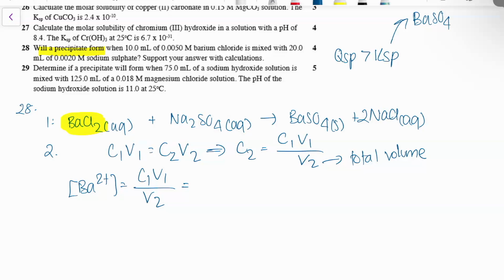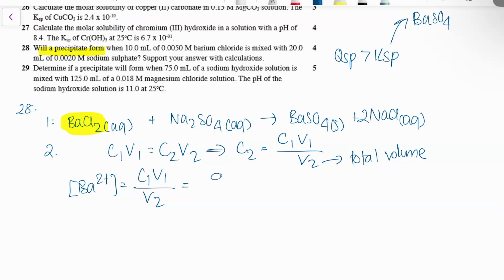One. So it is a 1-to-1 ratio, which means I can take this concentration of barium chloride and say that's the same as the concentration of barium. But if I was, for example, looking for the concentration of the chloride, I would have to take this concentration and times it by 2, because there's a subscript 2 on the chlorine. But right at the moment, it's fine. I can take it as is.